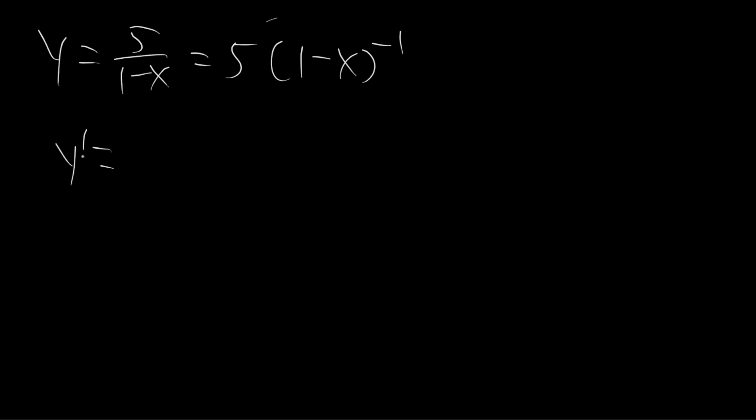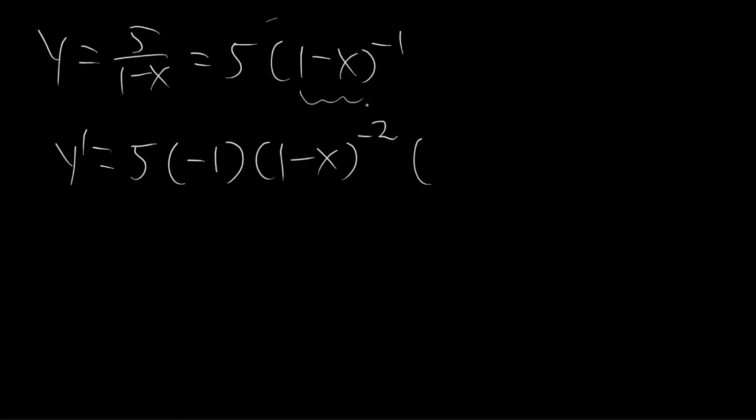So y prime is going to be equal to 5 times negative 1 times (1 minus x) to the power of negative 2, and then you need to take the derivative of 1 minus x, right? So the derivative of 1 minus x is equal to 0 minus 1.